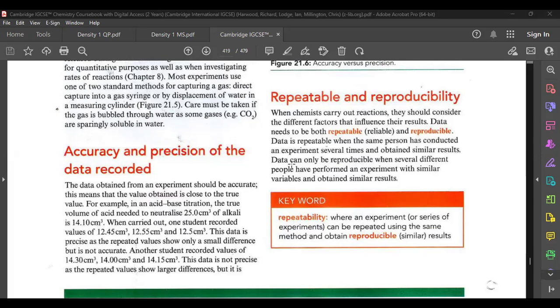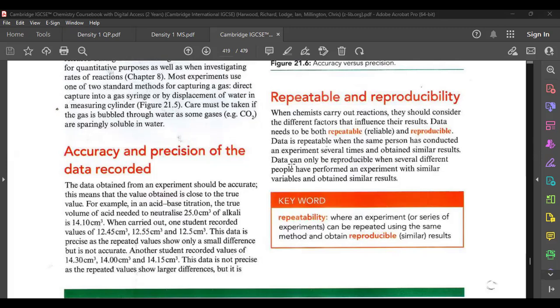So when you are a chemist carrying out reactions, what would we do? Obviously you are going to consider different types of factors that are going to affect your results. The data we have should be reliable and reproducible as well. When is it reliable or repeatable?